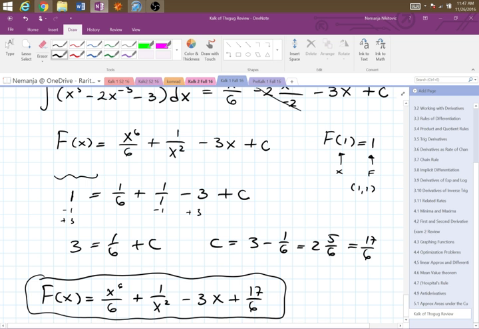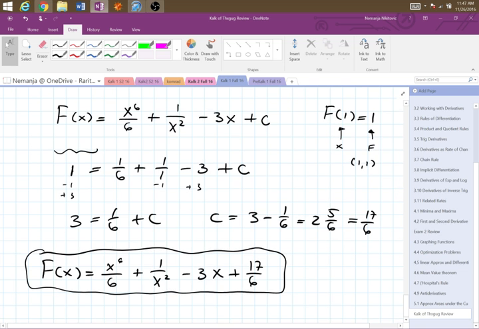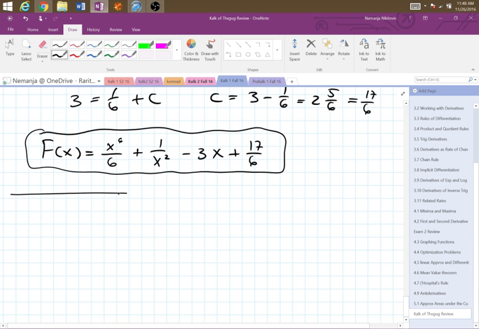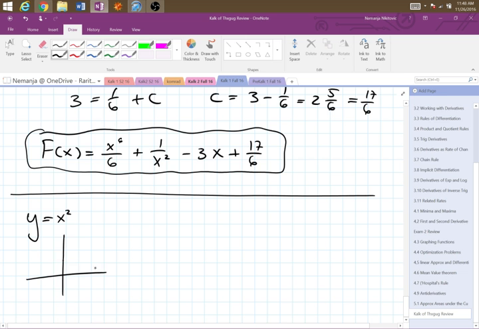So to put this a little bit into perspective, especially if you're trying to figure out how come the point x comma y plays a role in all of this, and since this is a review class, let's just talk briefly about that. So I have y equals x squared, which is a parabola going through 0.